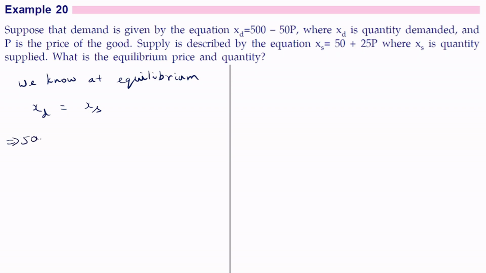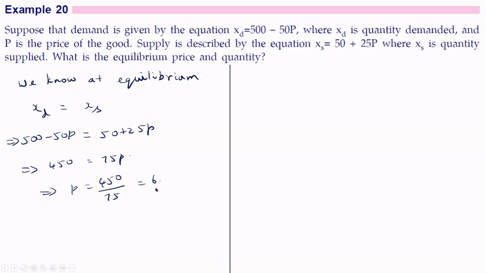So from this we get 500 minus 50p equal to 50 plus 25p. So 500 minus 50, 450, equal to 50 plus 25, 75p. So from this we get p equal to 450 by 75, which is 6. So the equilibrium price is 6. Equilibrium quantity we can find by substituting in either of these.